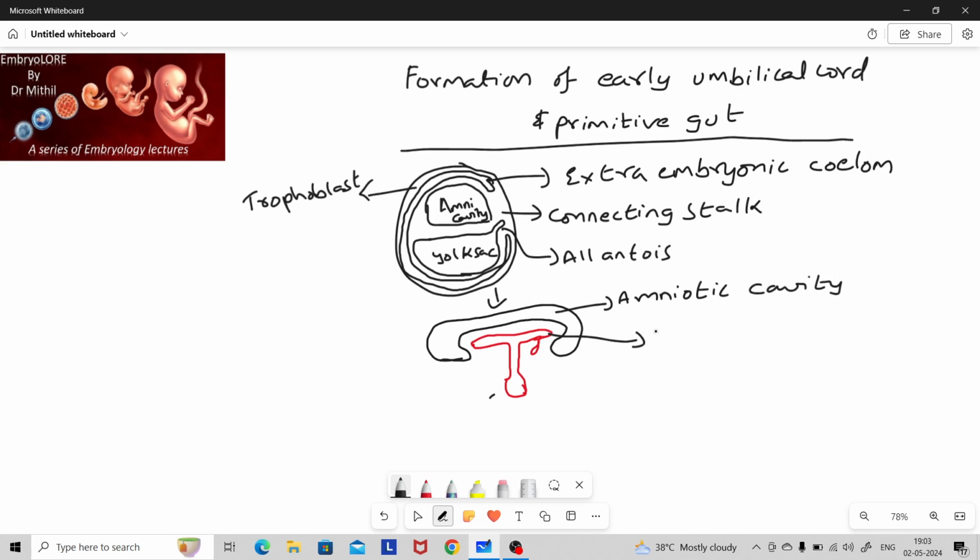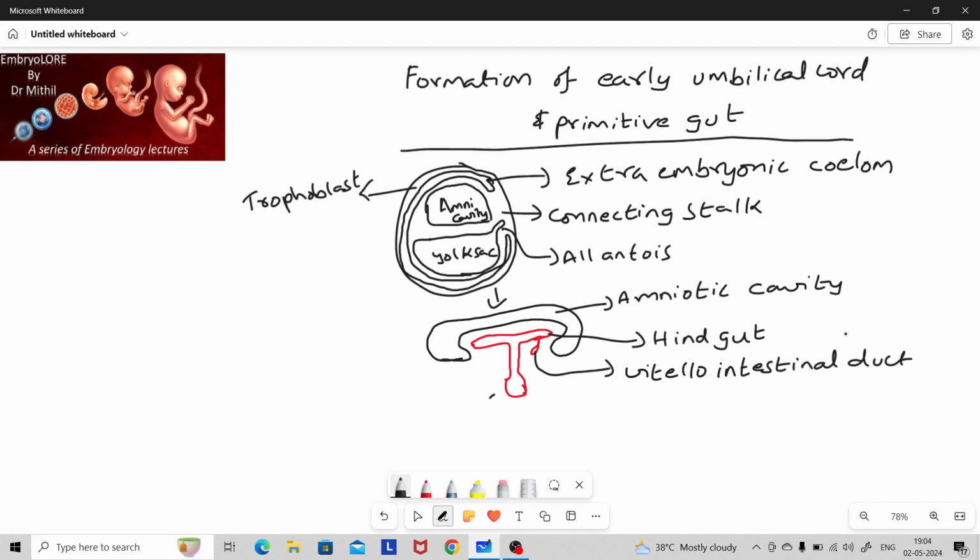Here we can see the hindgut, and that is the vitellointestinal duct.